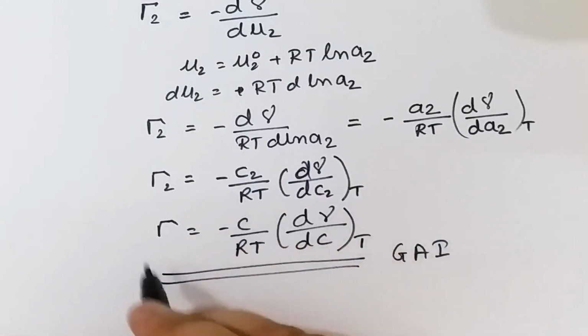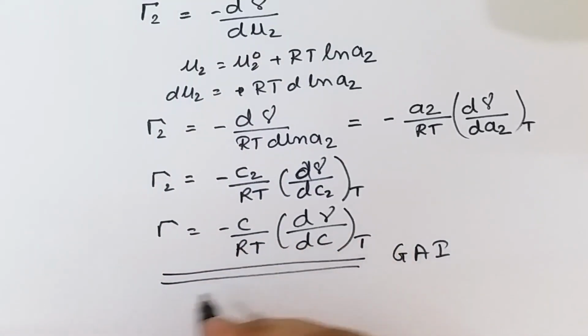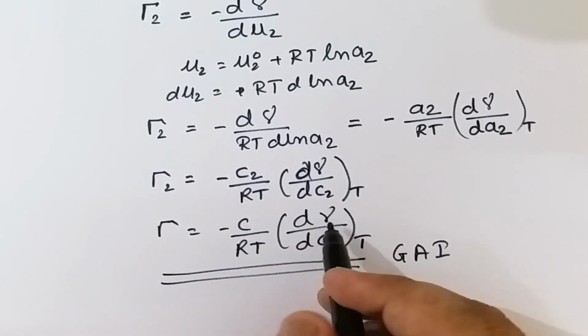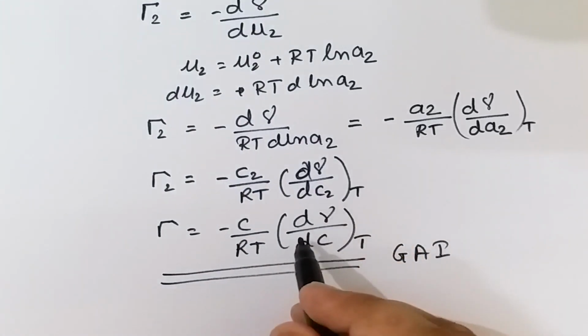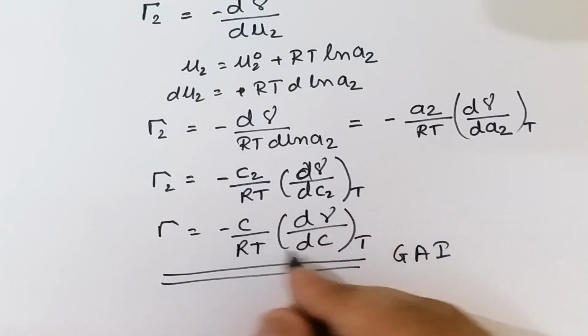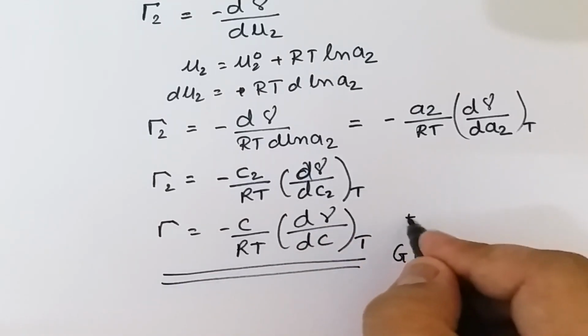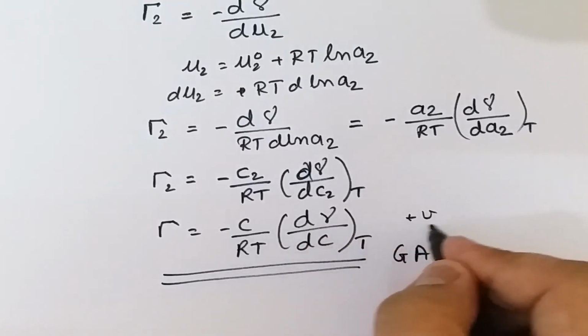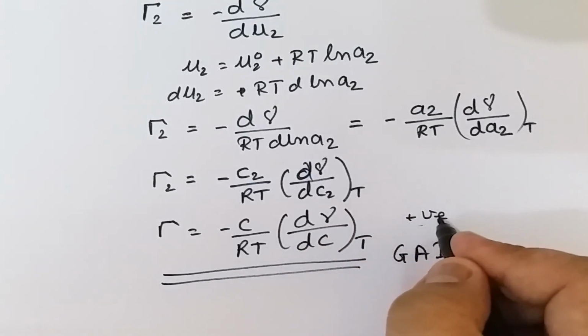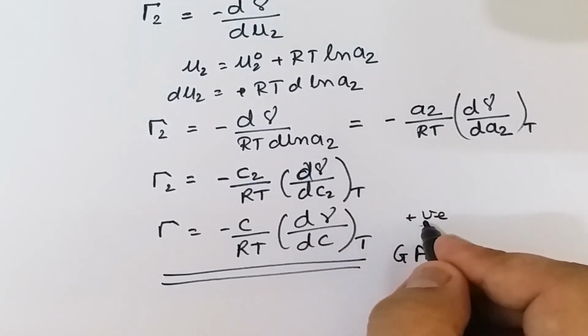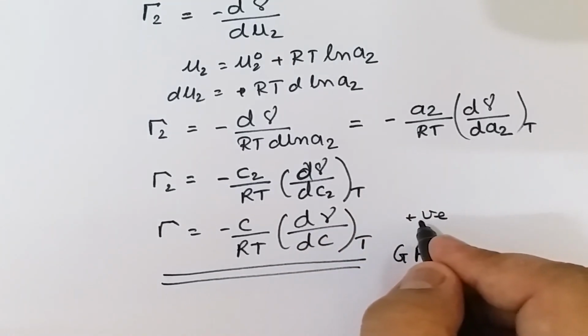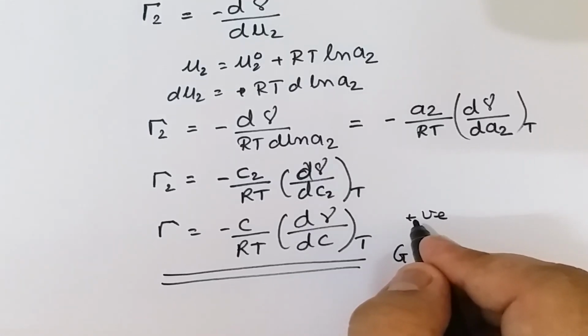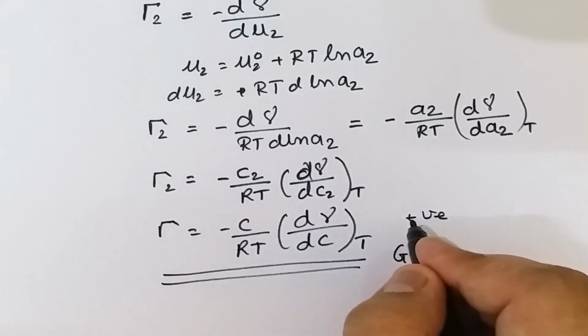When we look at this expression, we have the change in the surface tension with respect to the concentration. When d gamma by dC is a positive value, then the adsorption is negative. It means that further addition of solute increases the surface tension.